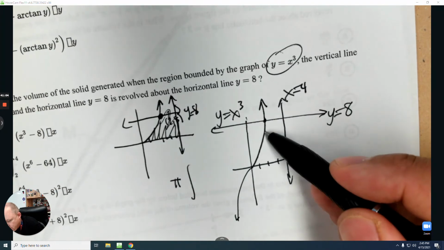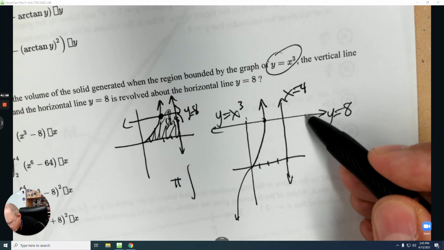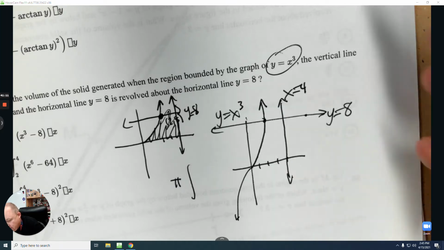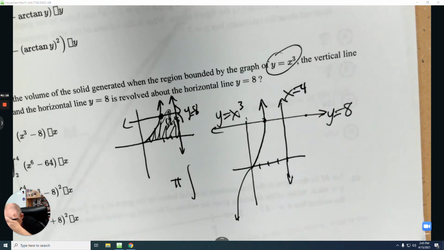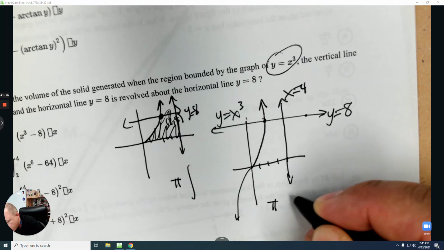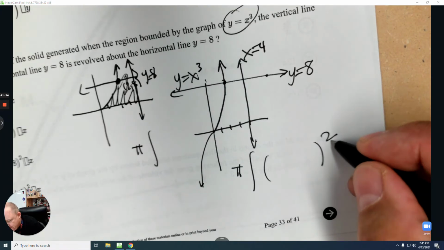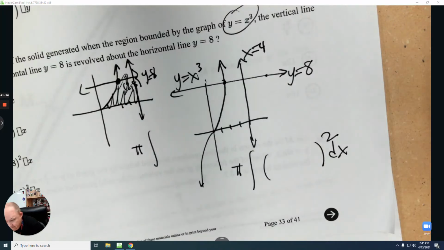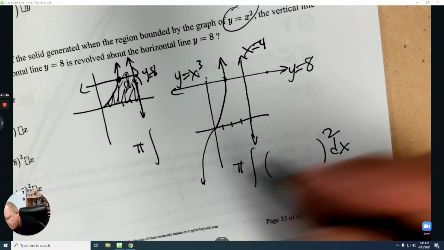So we have y equals x cubed, the vertical line 4, we have y equals 8, and it's revolving around that. So we have it from 2 to 8, 2 to 4. Let me look at that. So I know that's revolving, so we have this around a horizontal line. Oh, here.